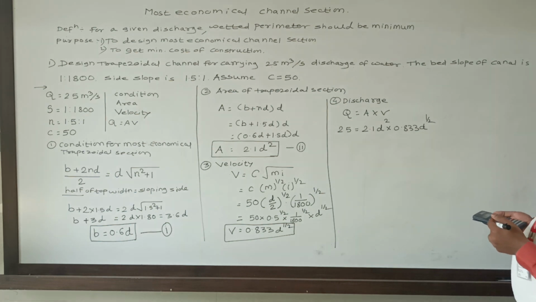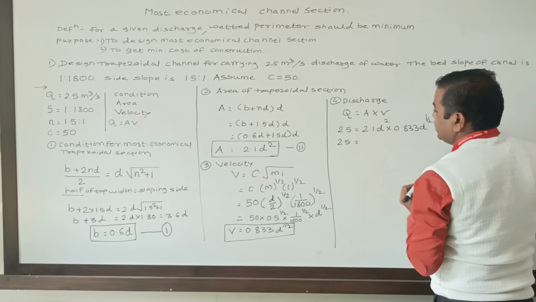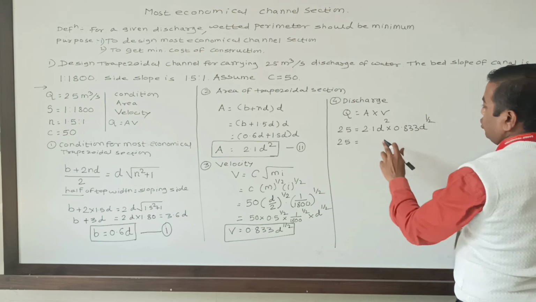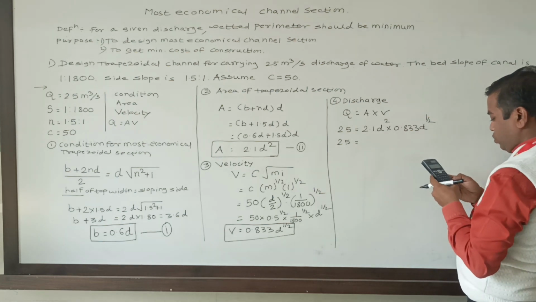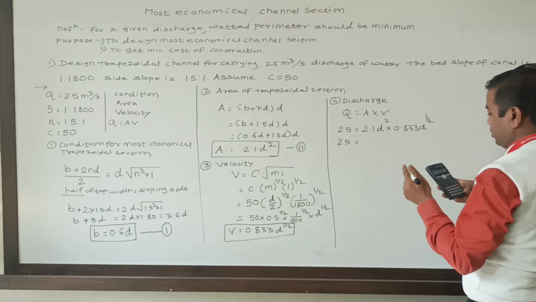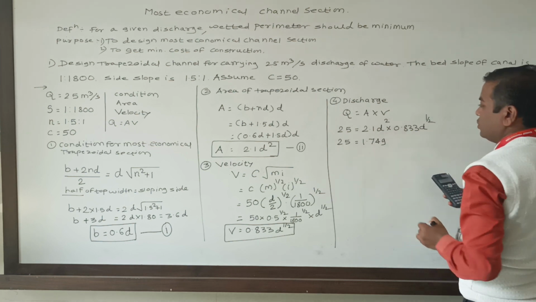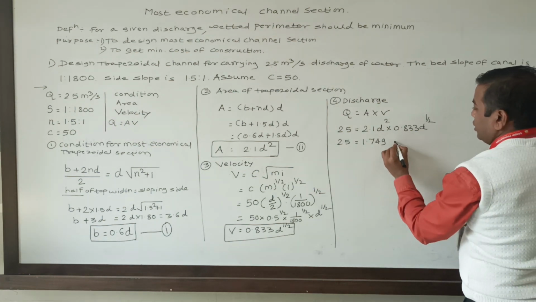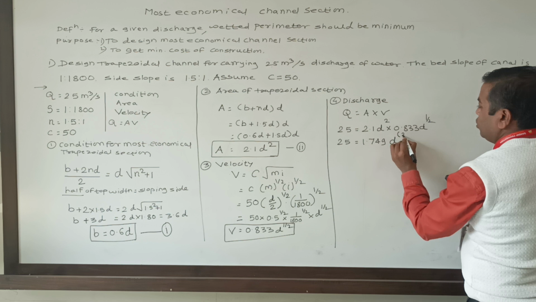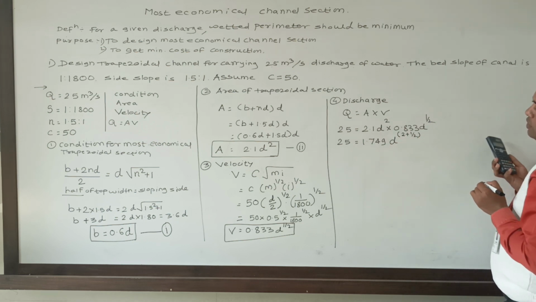Now we have to simplify. 25 we will keep as it is. Then 2.1 into 0.833 is equal to 1.749, d raised to 2 plus half.